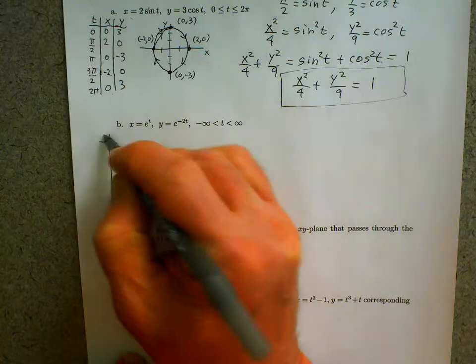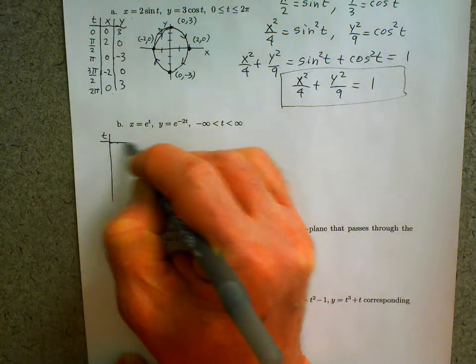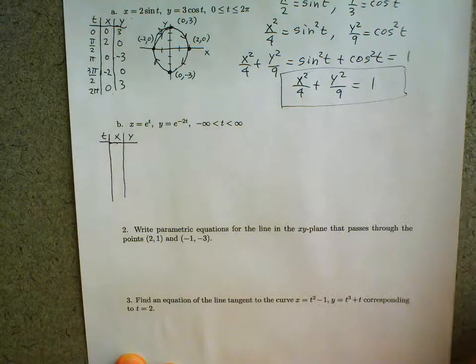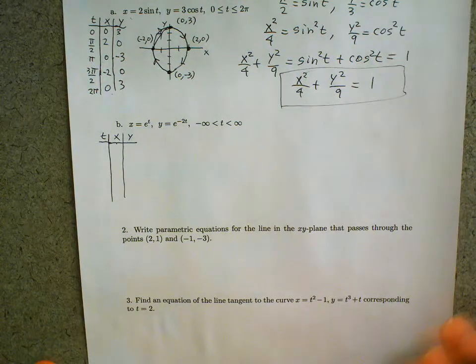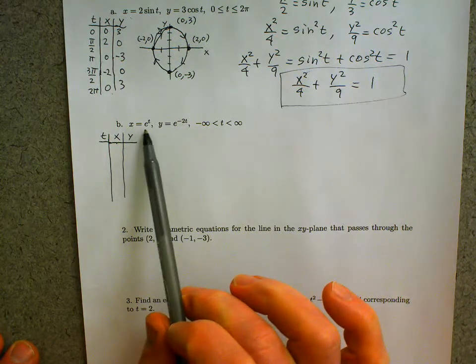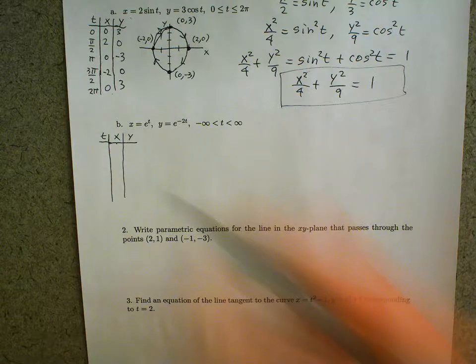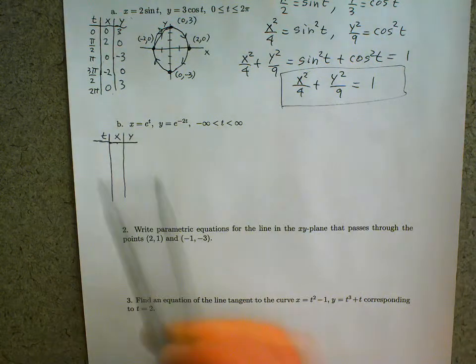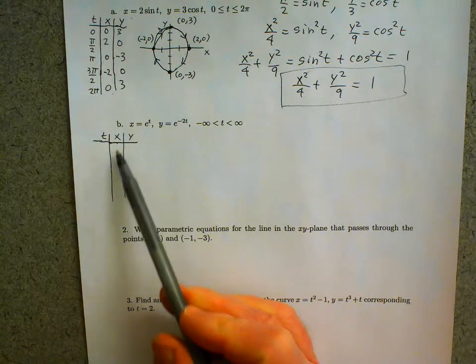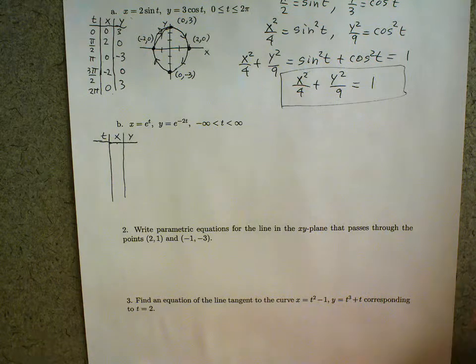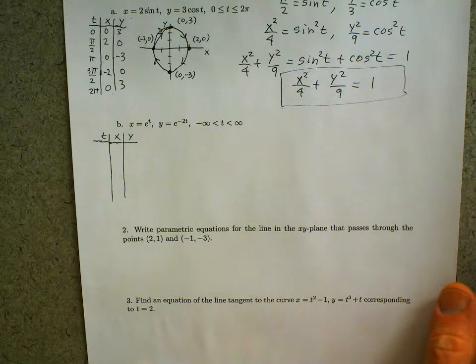So we'll pick some t values and find the x and y values. Well, since x is equal to e to the t, this isn't the only way to do it, but one way to find x and y values is to pick t values in terms of the natural log.